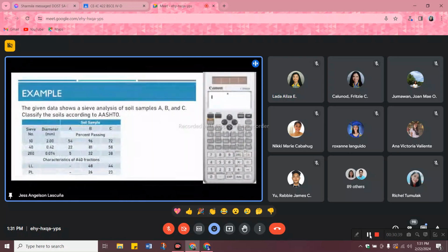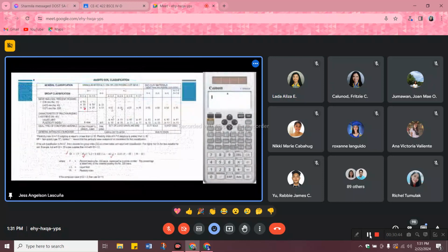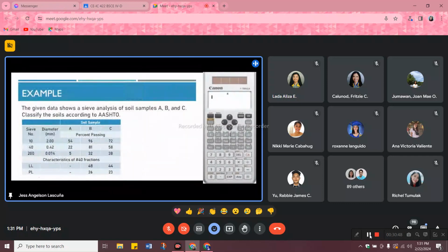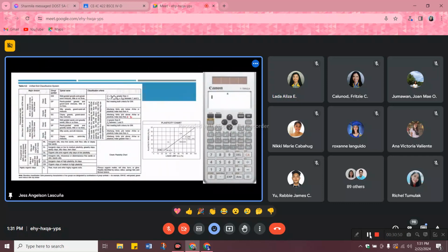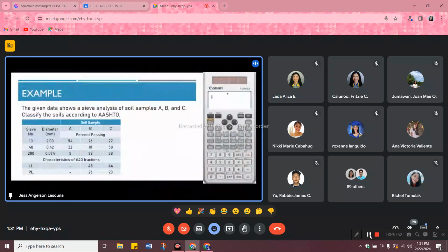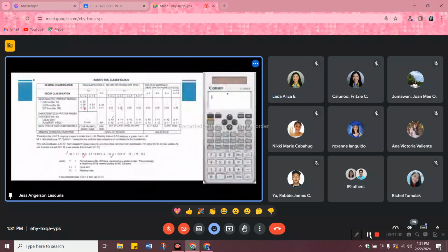So ang imong diri is 54 man siya. So meaning dili siya dire. Balik ta, 54 siya. So kung siya greater than 50, therefore dili na ta dire. Dili na siya pwede dire ha. So mo proceed ta sa next nga column.